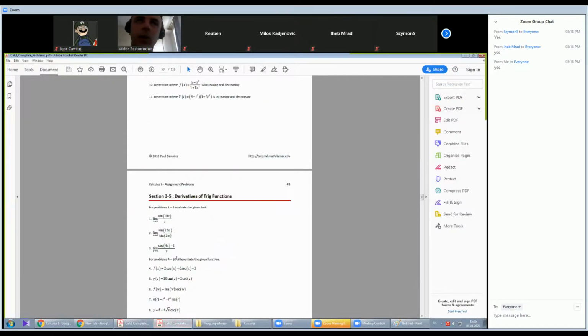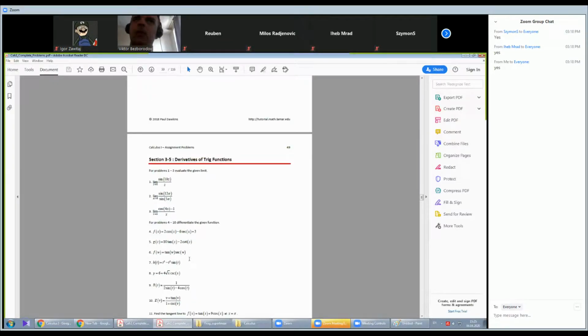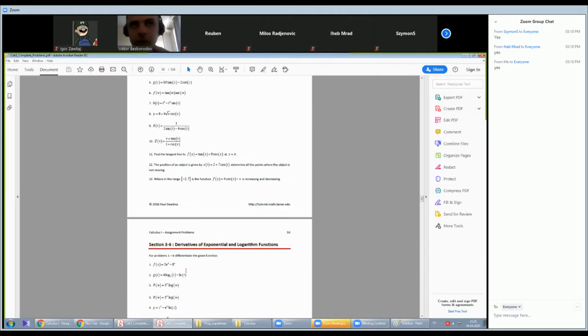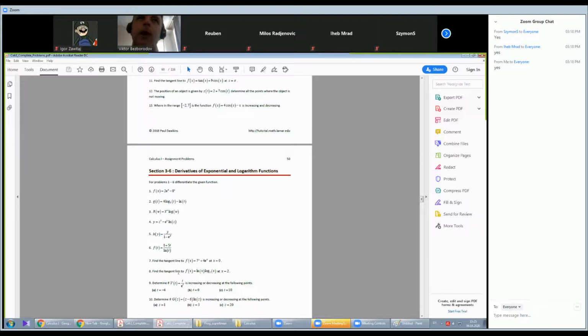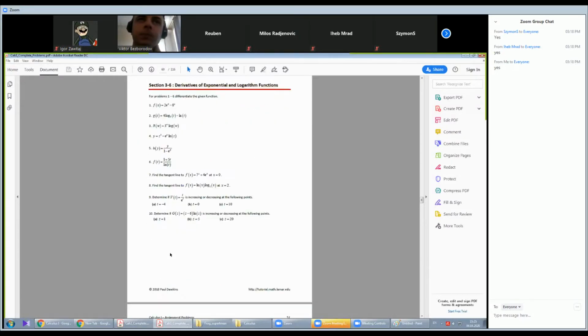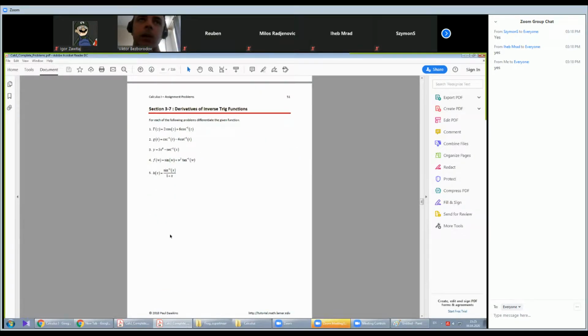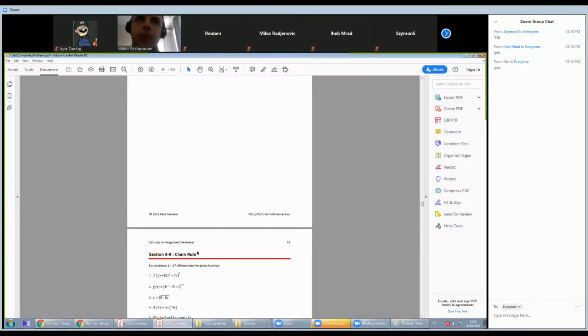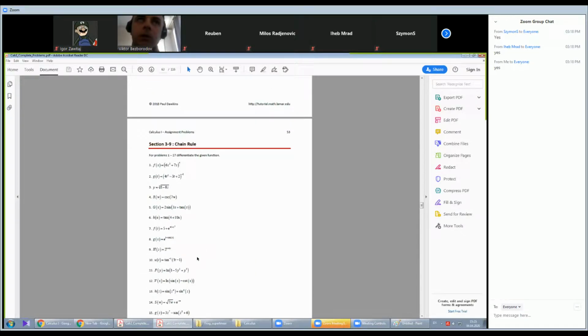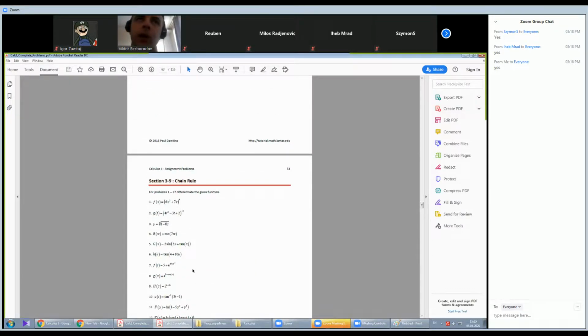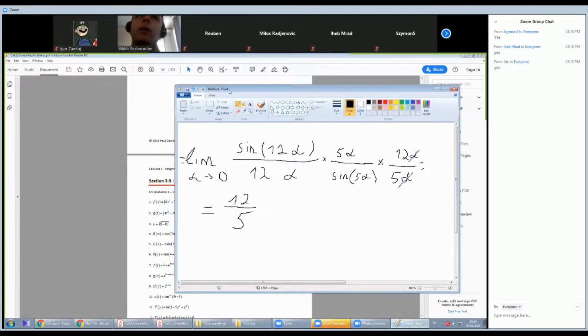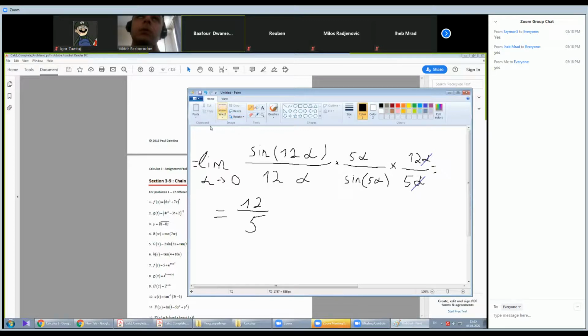Okay, the next thing. Now let's also do the derivatives. Let's immediately do the composite functions, or the chain rule. So we need to apply the chain rule here, for example the first one.